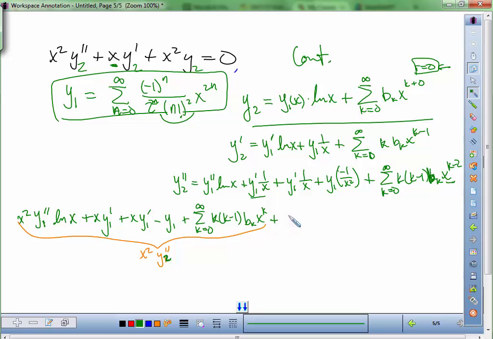This will be x y1 prime ln x. That's the first term times x, plus y1, no prime, and then x, and x will disappear, and then that's it. And then x times x to the k minus 1 is just x to the k.